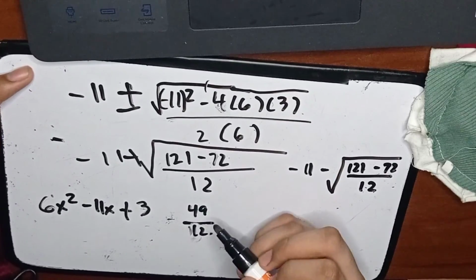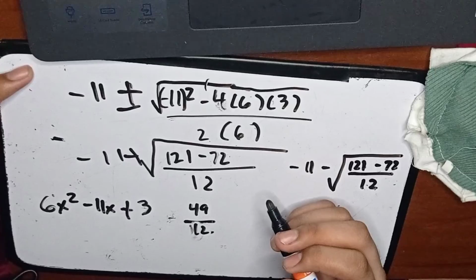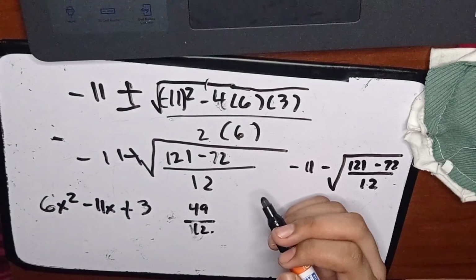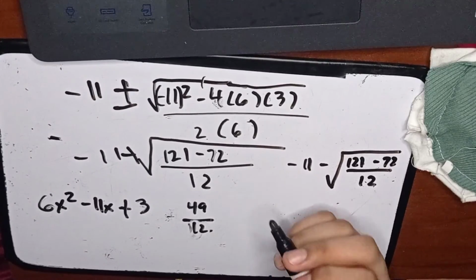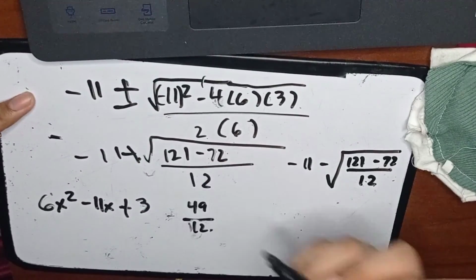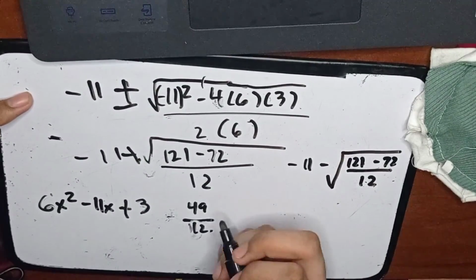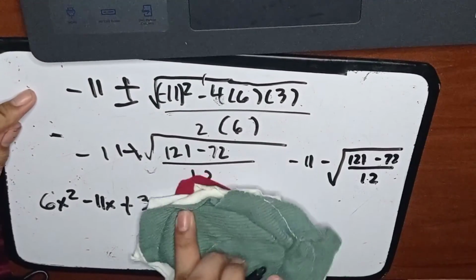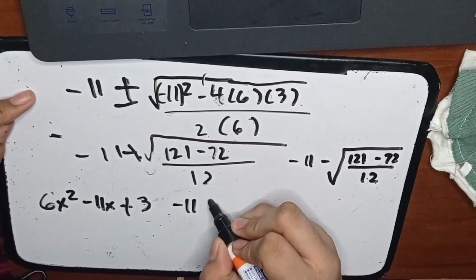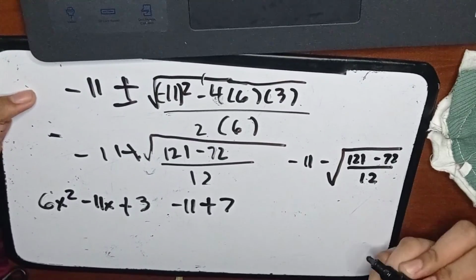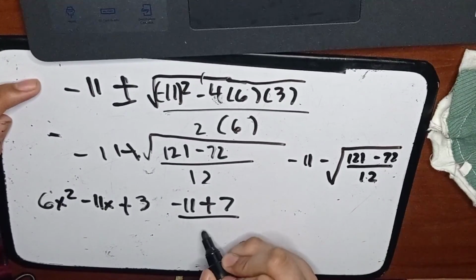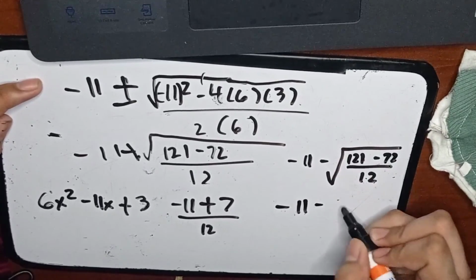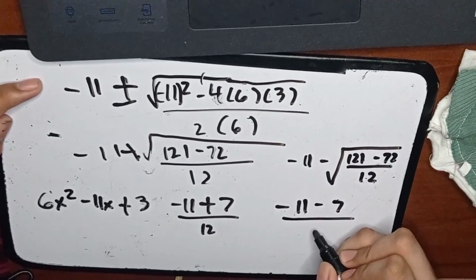Of course, the square root of 49 is 7. So we have negative 11 plus 7, over 12. The other one is negative 11 minus 7, over 12.